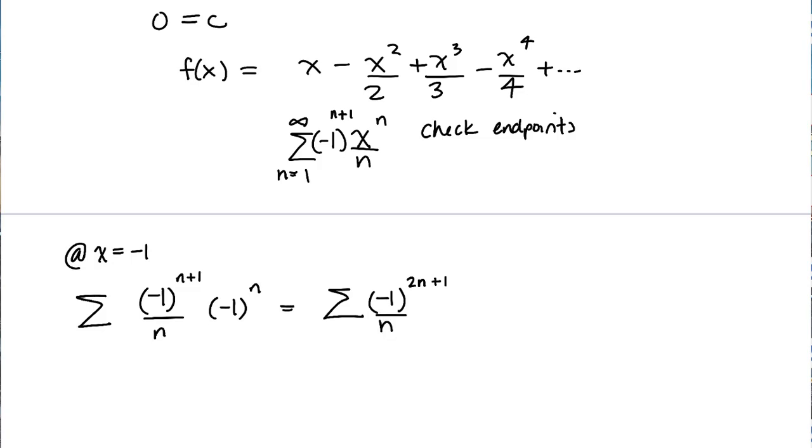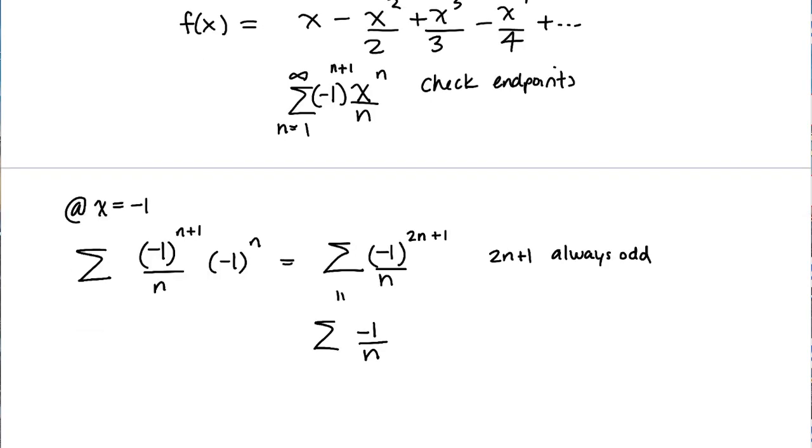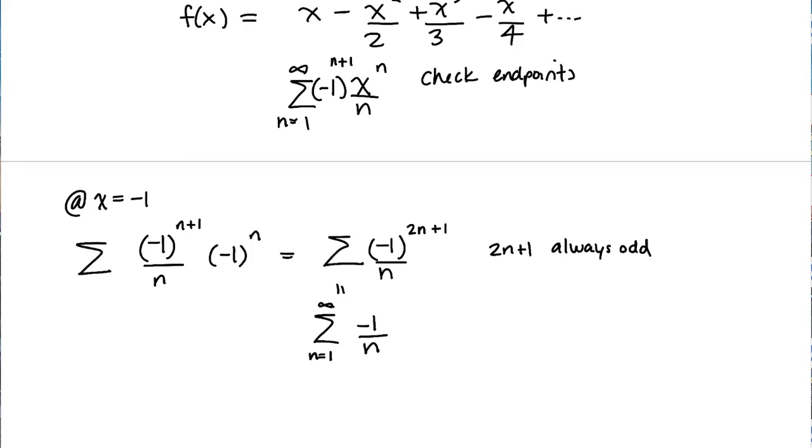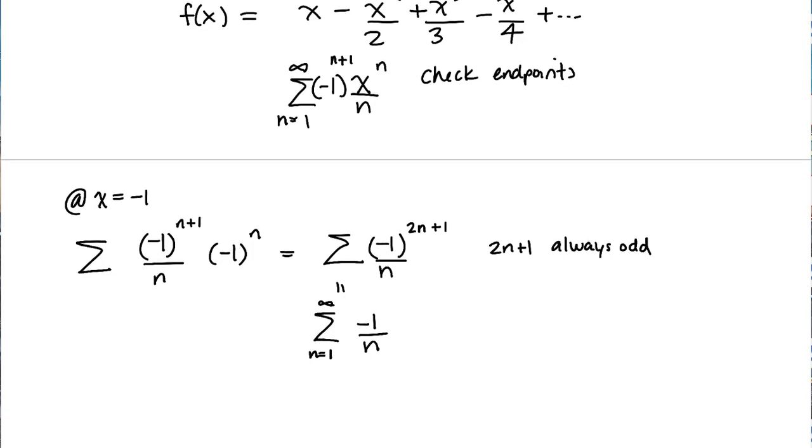And 2n plus 1 is always odd. And why is that useful to point out? If it's always odd, an odd power on -1 is always going to be -1. So I can say that this is equal to -1 over n. This is, remember, ranging from 1 to infinity. We get -1 over n, which is equal to the negative.